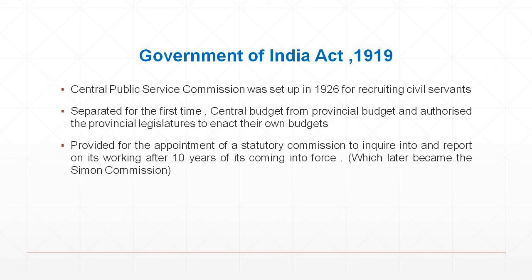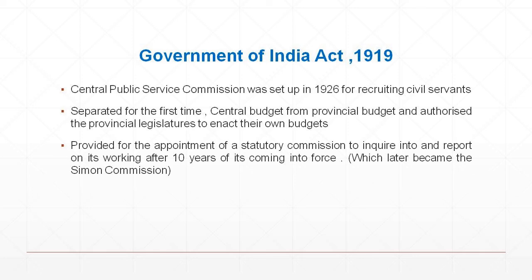So let's see what are the important things which are mentioned in the Government of India Act of 1919. First, the main thing is the diarchy. Diarchy is that the provincial subjects were divided into two parts, transferred and reserved.